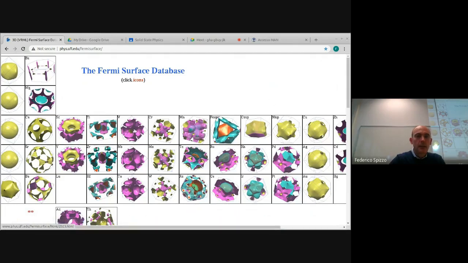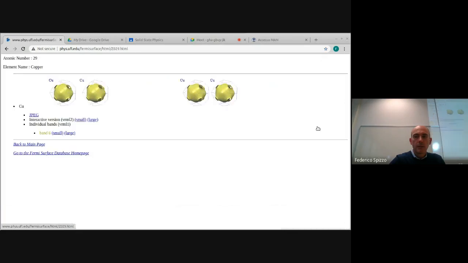This is just a web page, and I will put the address if you want to have a look at the structures. If you click on the element, you may download the structure and look at it on your PC. If you have Windows or Mac OS, there is a plugin for the browser, so you may look at those directly in the browser.